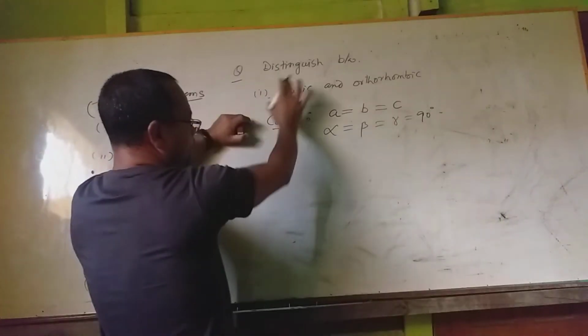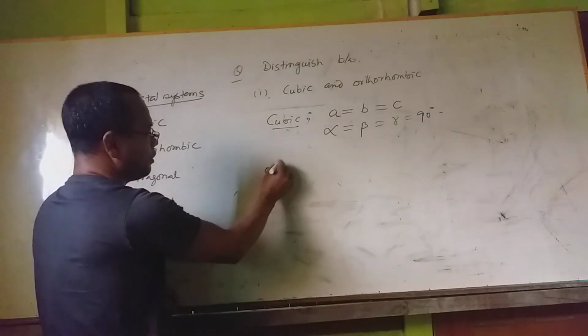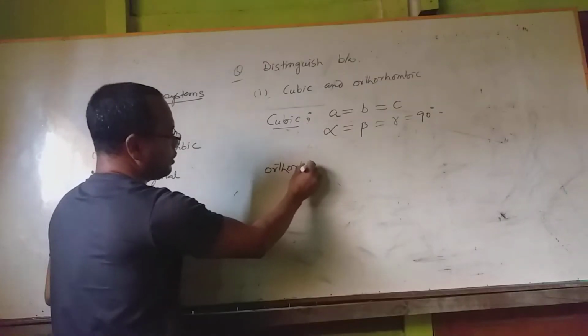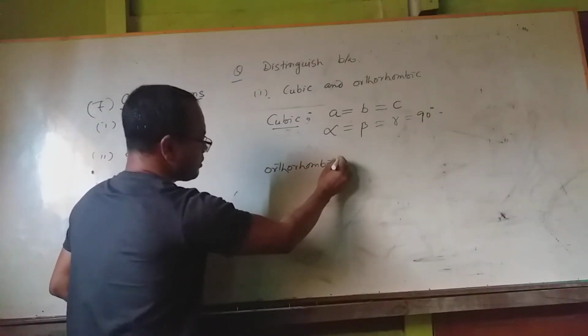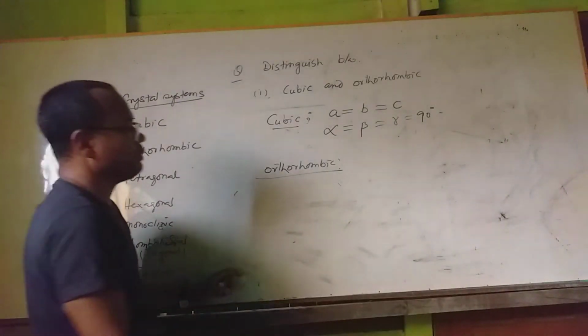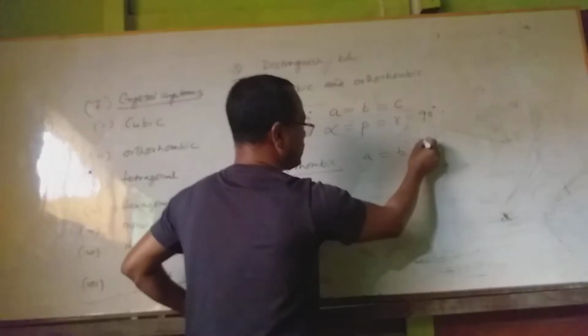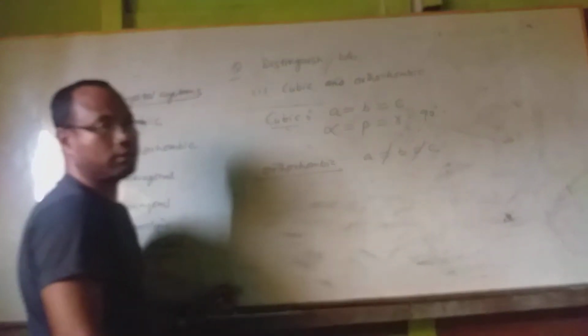This is for the cubic crystal system. But in the case of the orthorhombic, all these 3 sides are not the same, they differ.